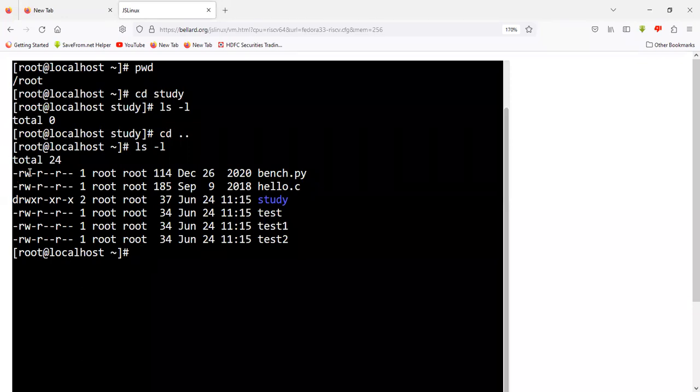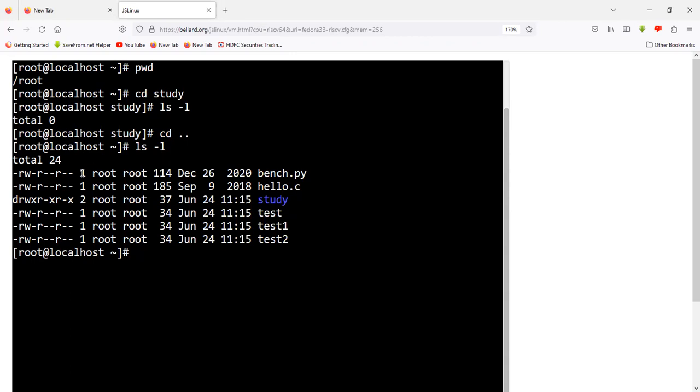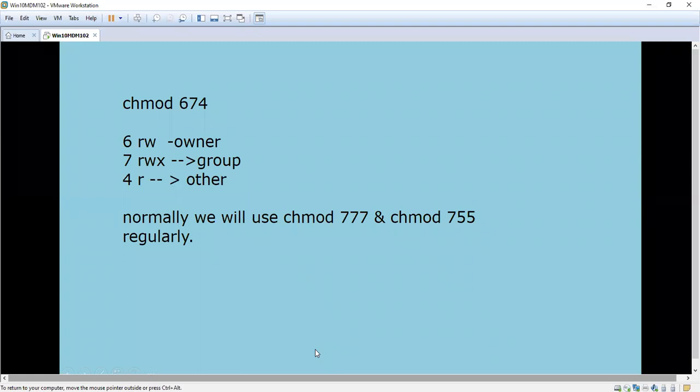You have to take it like this: owner, group, and then others. Here 6 means read and write permission given for the owner, 7 means RWX for the group, and 4 means read for others.